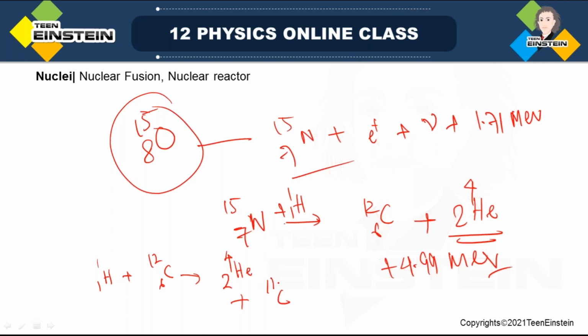So it gets converted to C 6 12, then 2 proton, 2 neutrino, plus 3 gamma, and along with that this enormous amount of energy, 24 MeV.